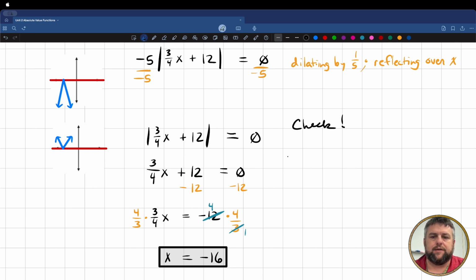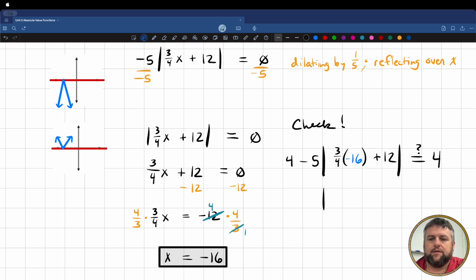So what we're going to do is we're going to take 4 minus 5 times the absolute value of 3/4 of x plus 12. And we're asking, does that equal 4? So if we plug in -16, 3/4 of -16 is going to give us -12 plus 12.